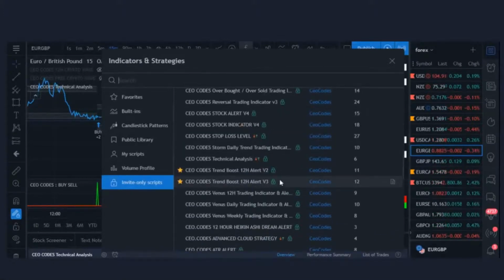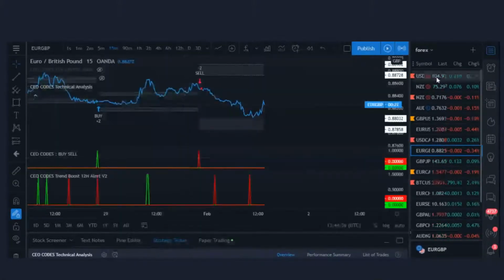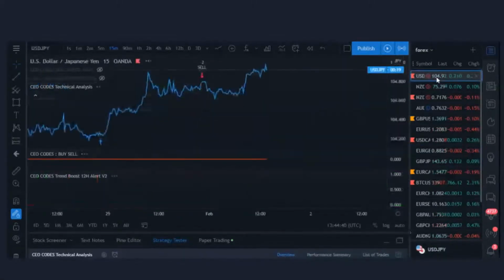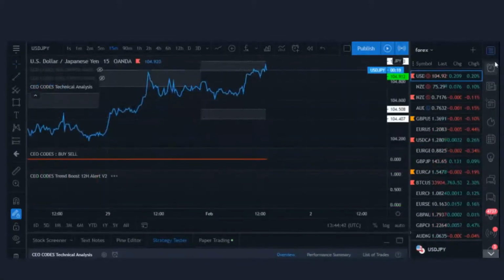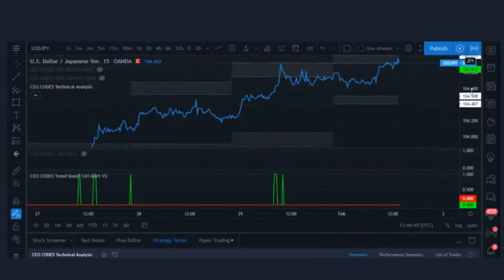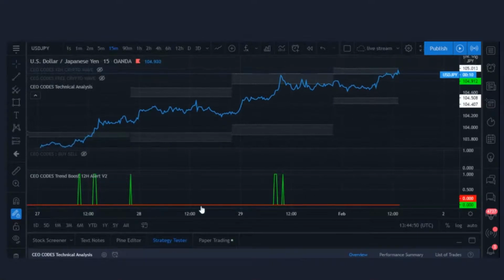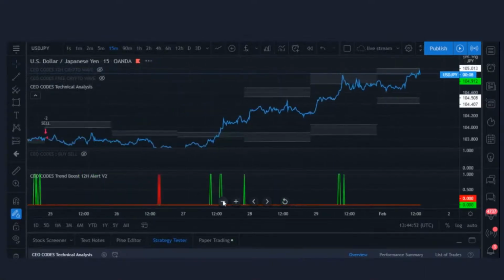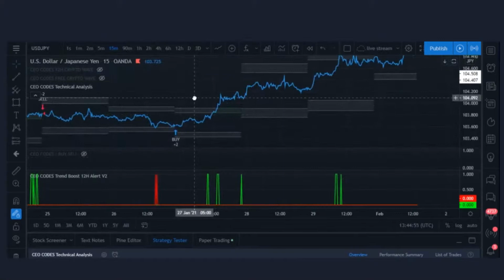Let's see. I think this one does not repaint. If we have a look at USD. Okay, this is the post indicator. Forget the top one. The bottom one, this alert, is the post indicator. This indicator does not repaint at all.